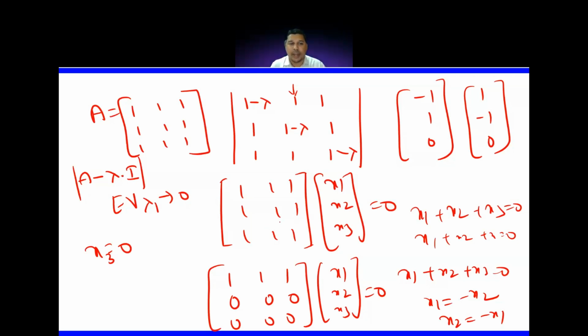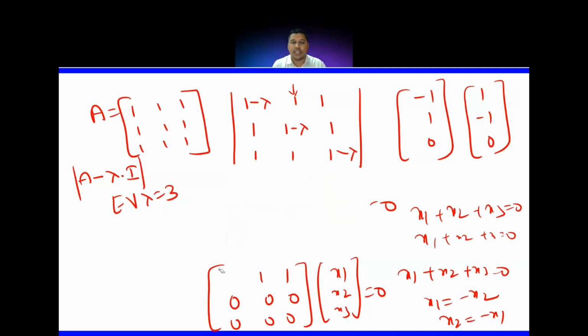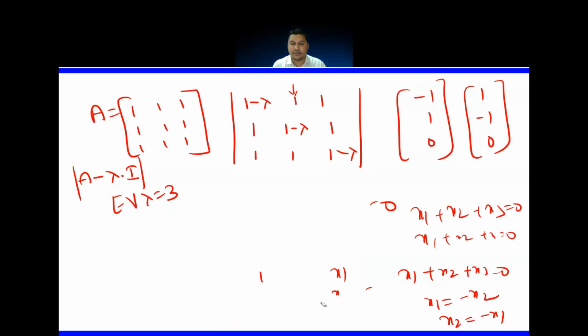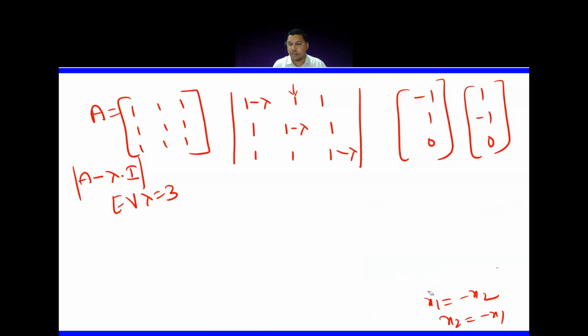Now for lambda equal to 3, the second eigenvalue, what is the eigenvector? Try to solve and find the eigenvectors. So this is for lambda 1 equal to 0.